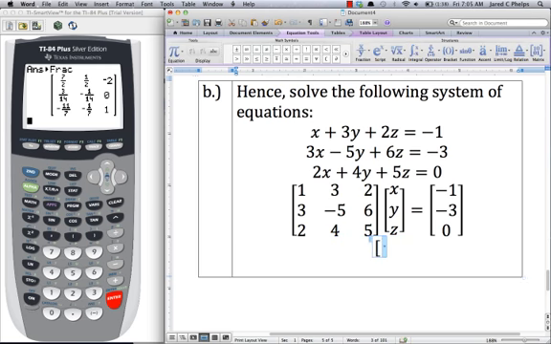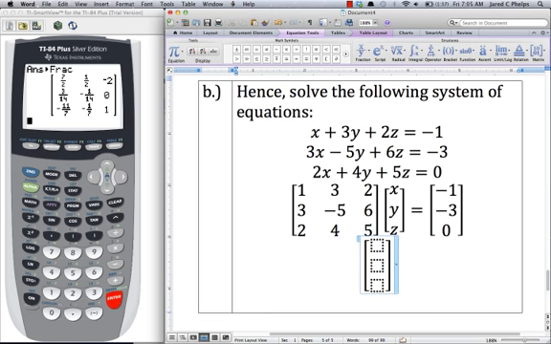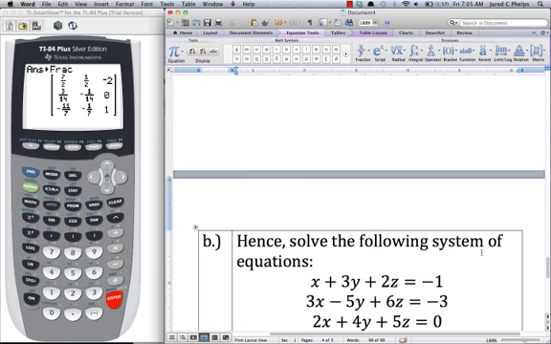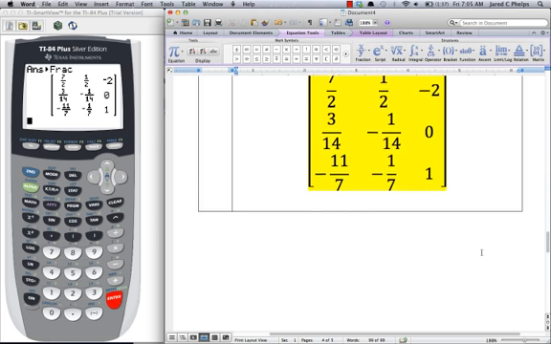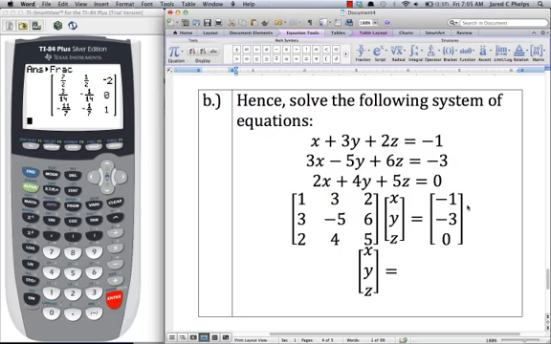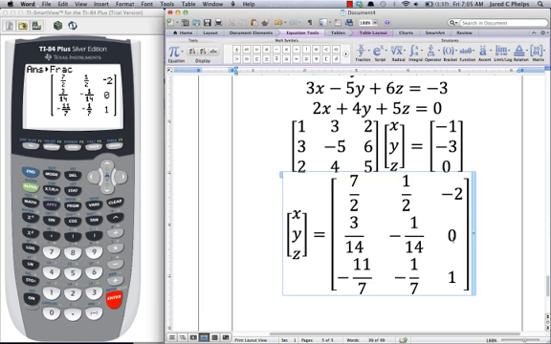So if you really want to show your work, I suppose the next step would be to write down, hey, I know that x, y, z equals the inverse matrix, which was this monstrosity up here. Paste this thing down here. There's no point in having that yellow, so let me take that out. And then right next to that, I'm supposed to put my answer matrix.